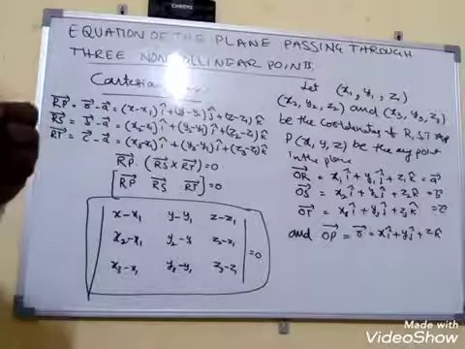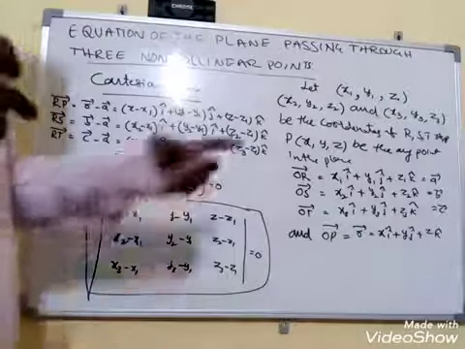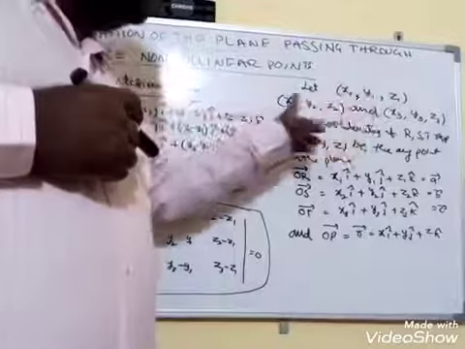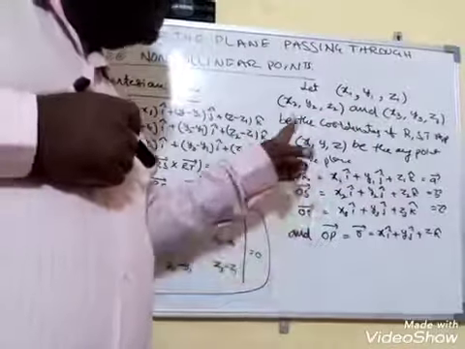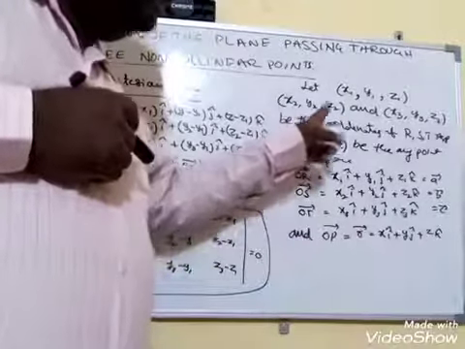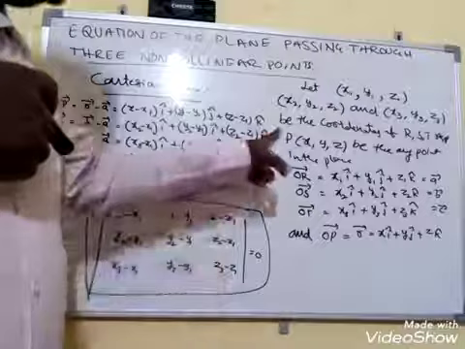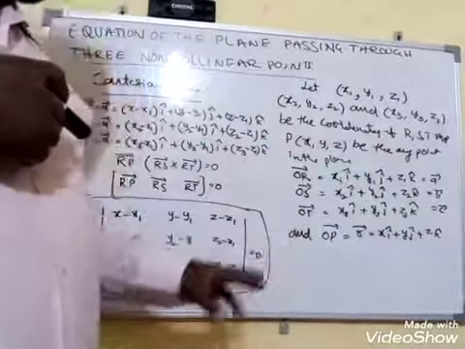Once again we are going to discuss. Observe here, the vector equation we already derived. This is the Cartesian equation. Let x1, y1, z1, x2, y2, z2 and x3, y3, z3 be the coordinates of the points R, S, T respectively, and P(x, y, z) be any point on the plane. Now what are you going to get?